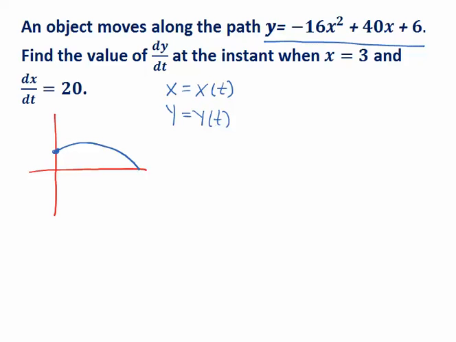Another way to write this equation would be as follows. The y on the left side, you can think of that as y of t, since the y position of the moving object depends on time t. And this expression on the right side, wherever you see an x, you can really think of that x as a function x of t, something that's changing as time changes.